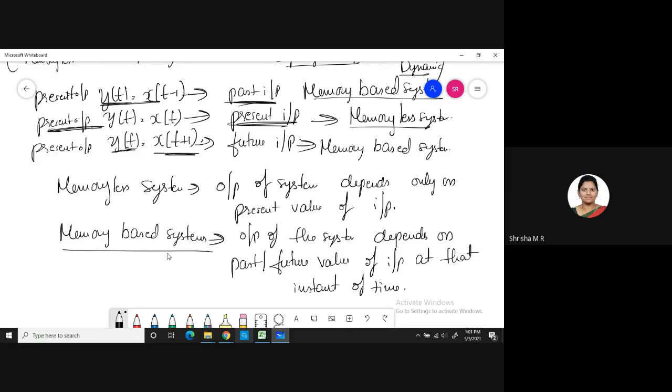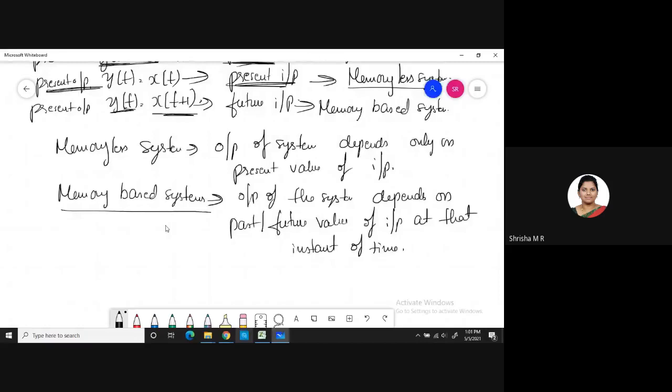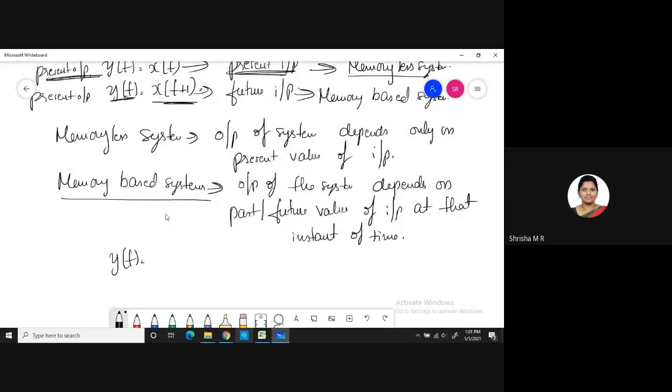First example, I'll give you one tricky example. y of t is equal to 2 times x of t. What type of system is this? Memory based or memoryless? Memoryless, ma'am. So if I put t is equal to 0, I'll get y of 0 is equal to 2 times x of 0.